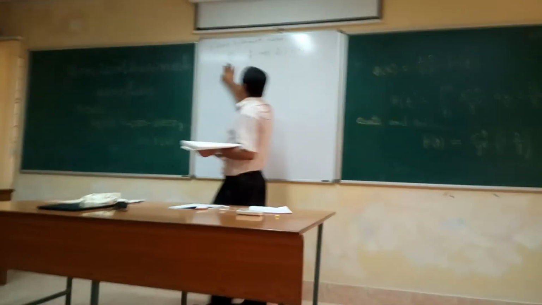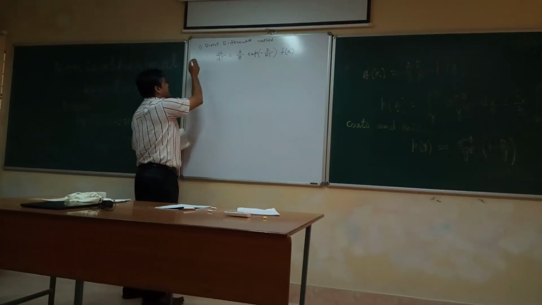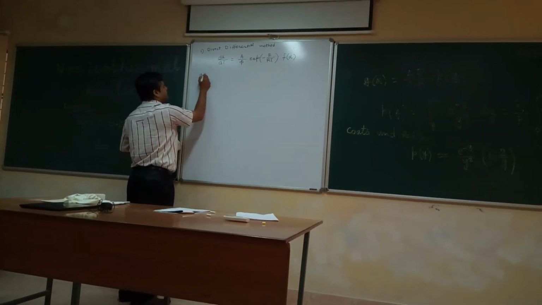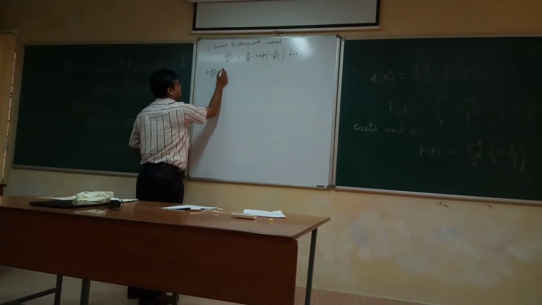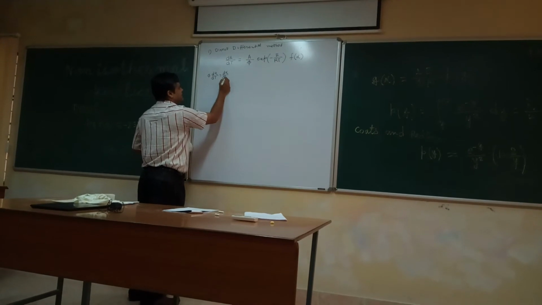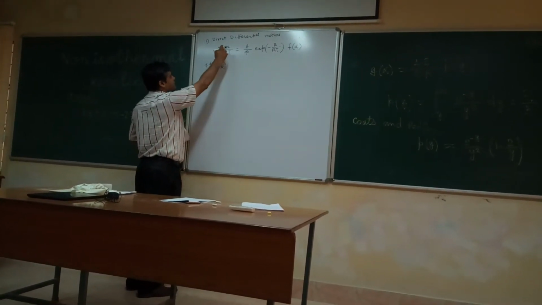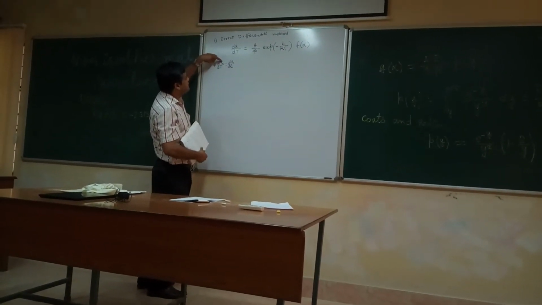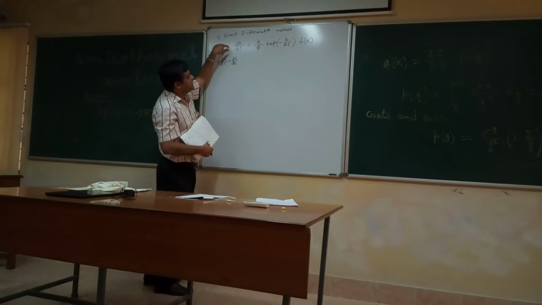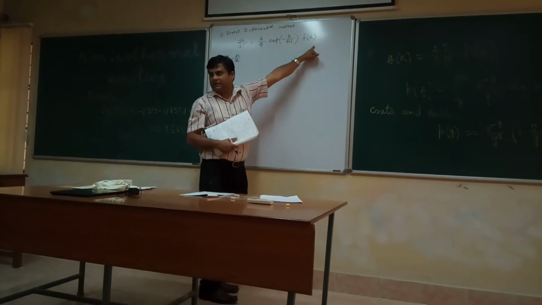How come this? φ dα/dt is nothing but dα/dt, that is the rate. So dα/dt multiplied by φ is k multiplied by f(α). That is the direct equation.